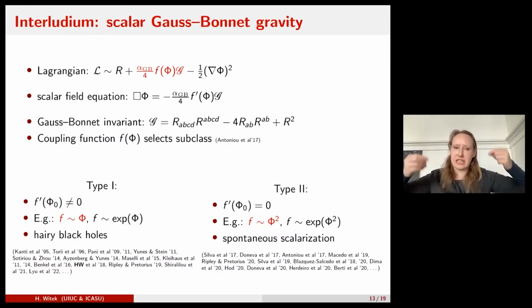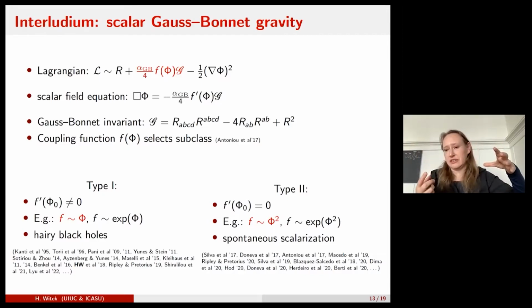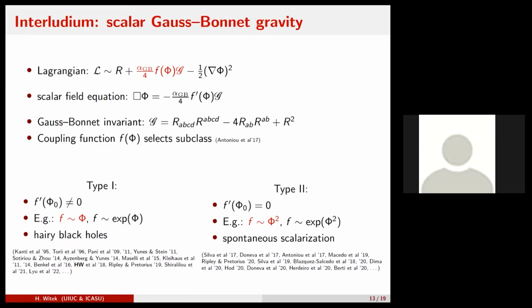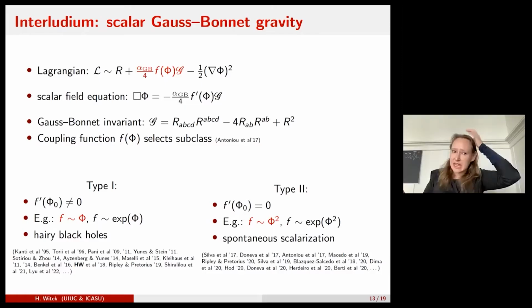I'm studying the dynamics of the scalar field sourced by this background, and what you can now do, at least in the first instance, is to estimate the energy fluxes from the scalar field and the effect that that would have on your gravitational radiation. Okay, thank you. So that would be the next step. But for the time being, I really want to focus on the phenomenology first before going there.